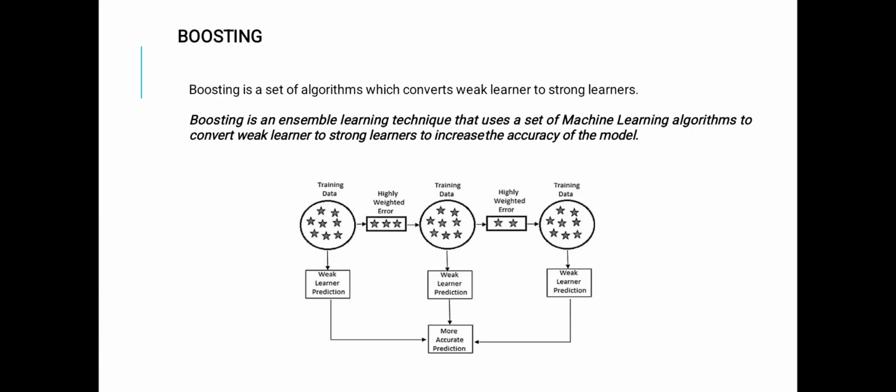Then the next algorithm will be trained using the training dataset, where the samples which produce high error will be given high weightage. Similar to that, it will be processed sequentially. It cannot be processed in parallel. In bootstrap aggregation, we can run multiple algorithms in a parallel fashion, whereas in boosting we can only do sequential processing.